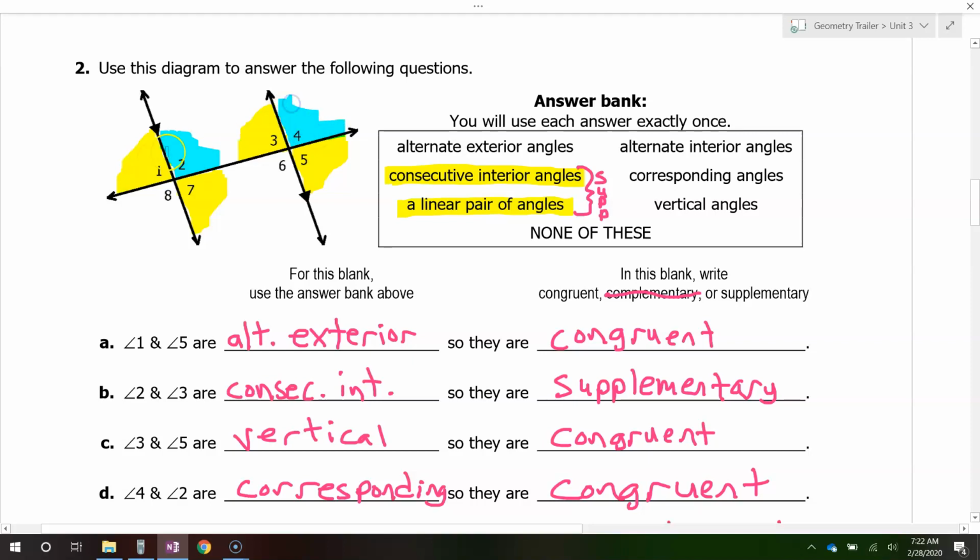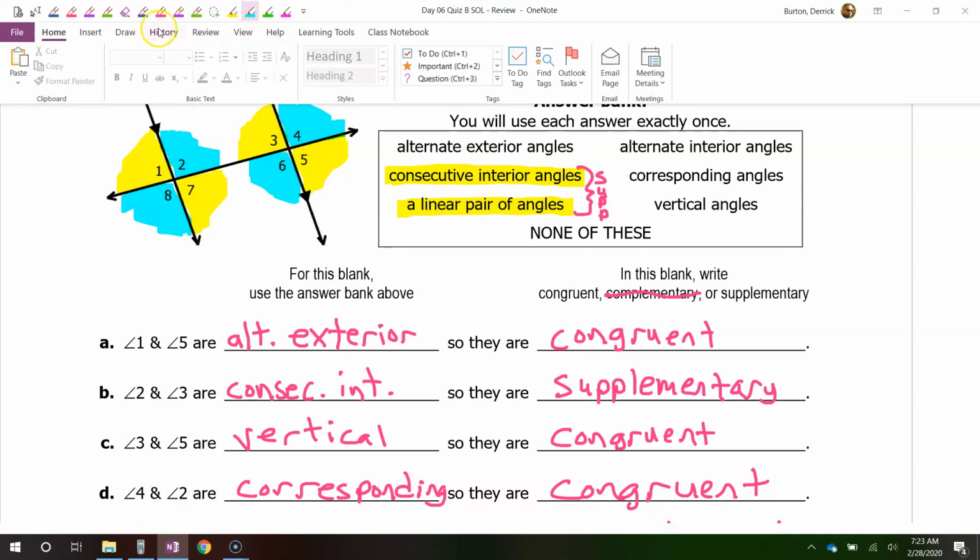They're both in the upper right-hand corner, so they should be congruent. But angle 2 and angle 8 are vertical angles, so they should be congruent. And angle 4 and angle 6 are vertical angles, so those should be congruent. So all of the yellow angles are congruent and all of the blue angles are congruent.